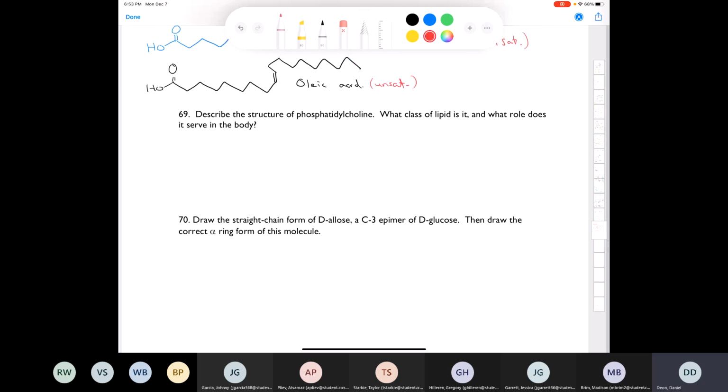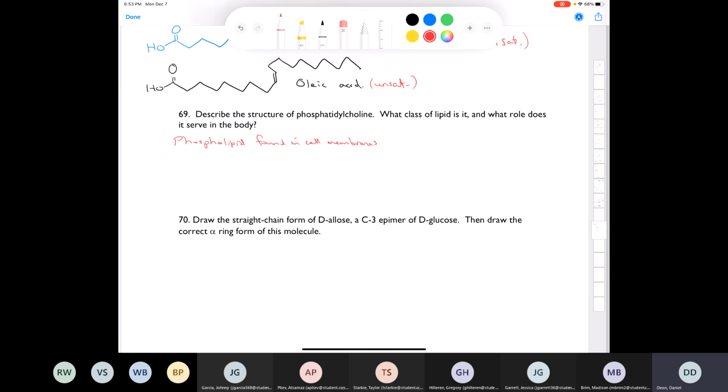Number 69, again, I wouldn't ask you to draw a phosphatidylcholine, but you should know that it's a phospholipid. It says what class of lipid is it? And it's found in cell membranes. So a phospholipid found in cell membranes.